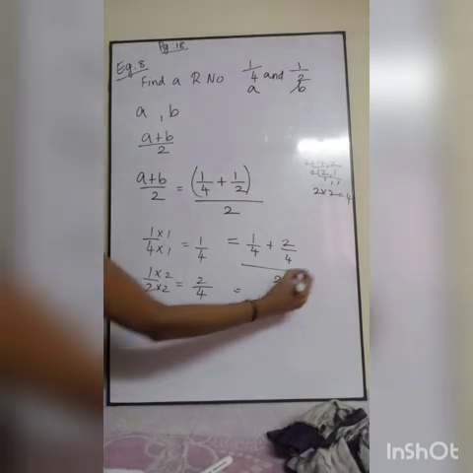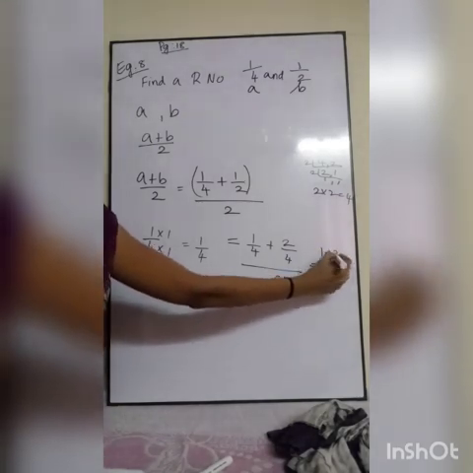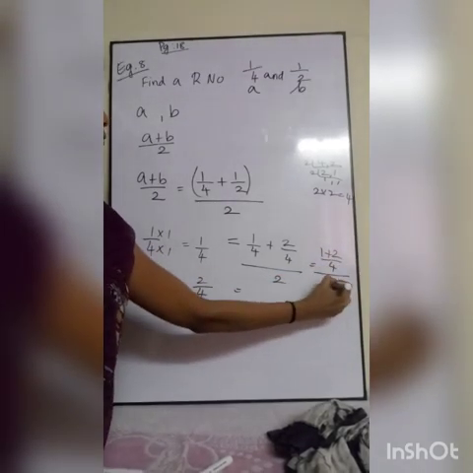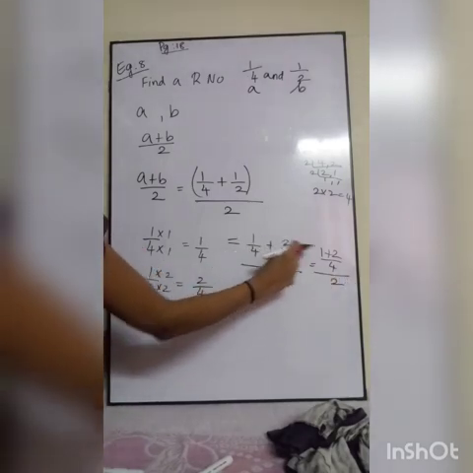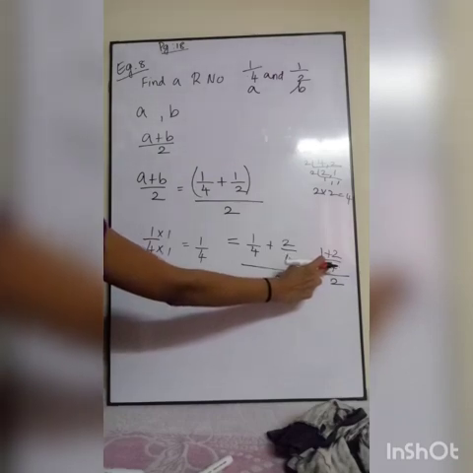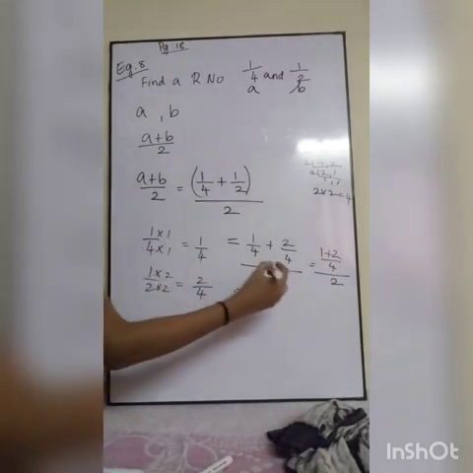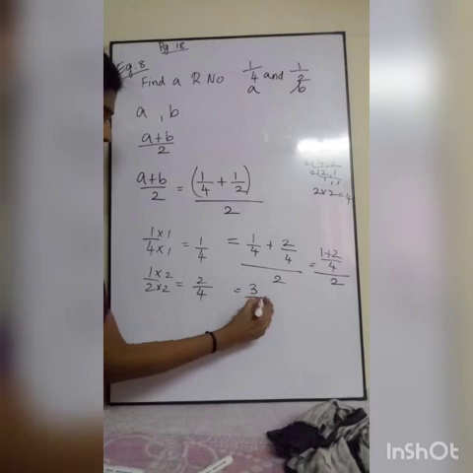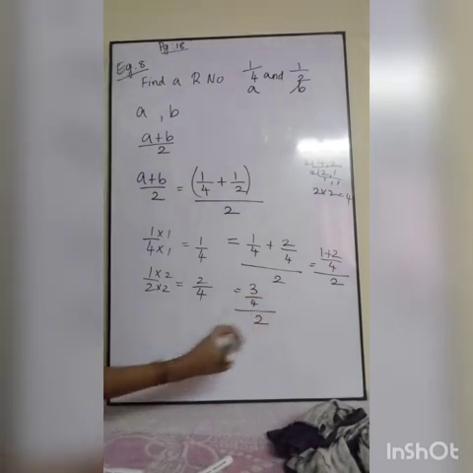Now, (1 plus 2) by 4 whole divided by 2. Because the denominators are the same, you write it only once. 1 plus 2 is 3 by 4, whole divided by 2.